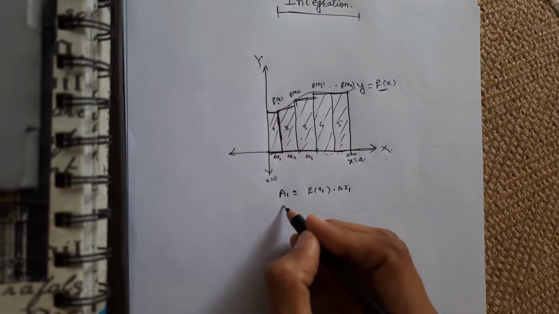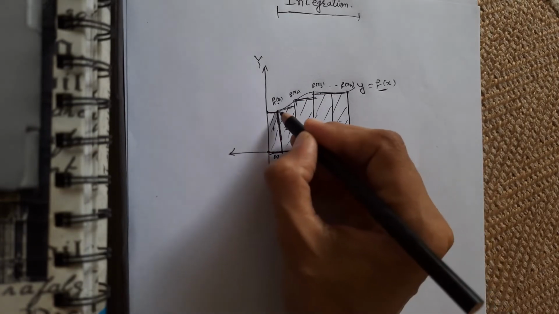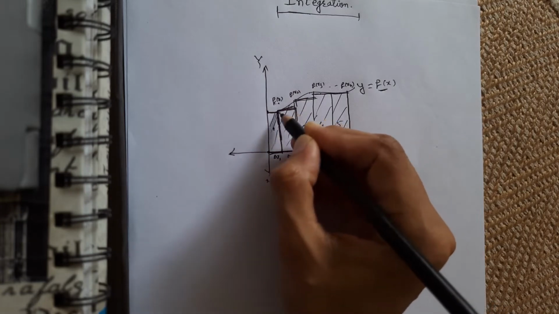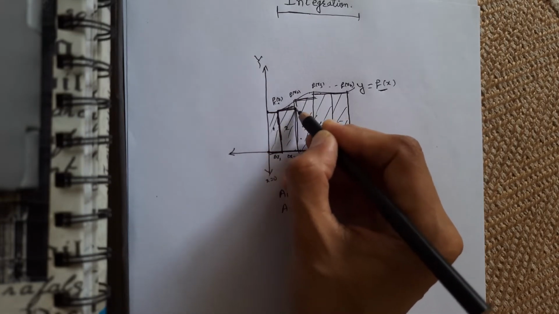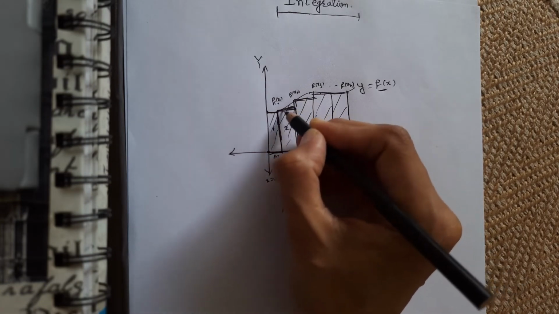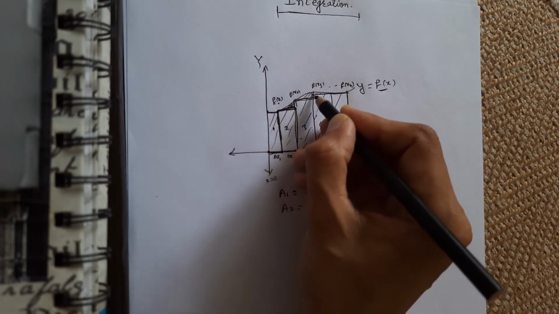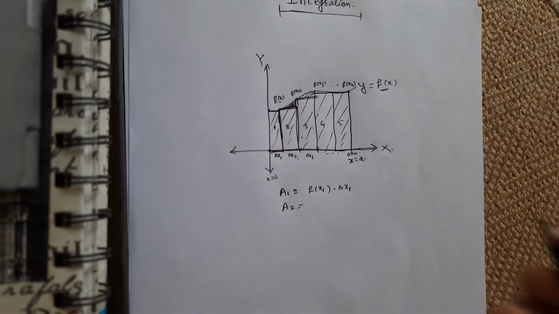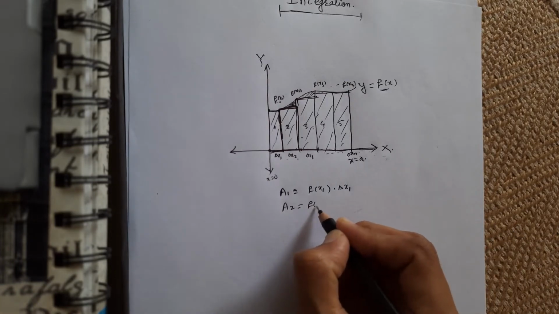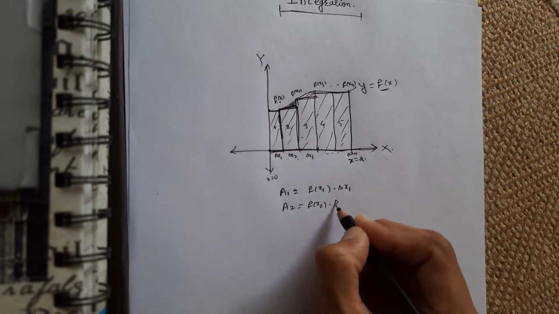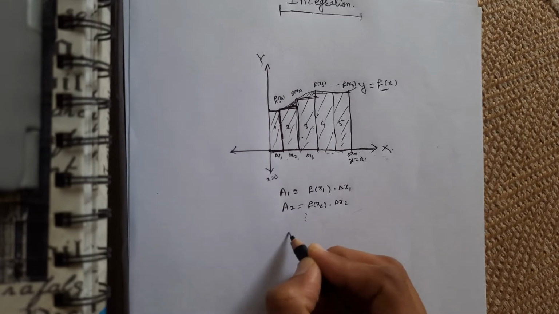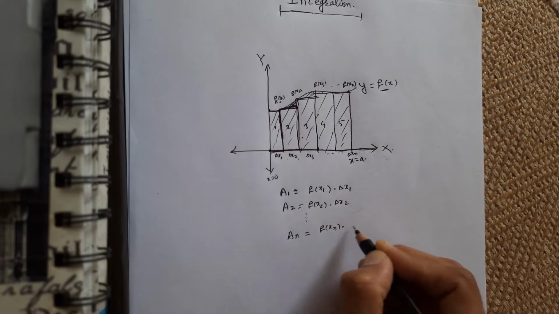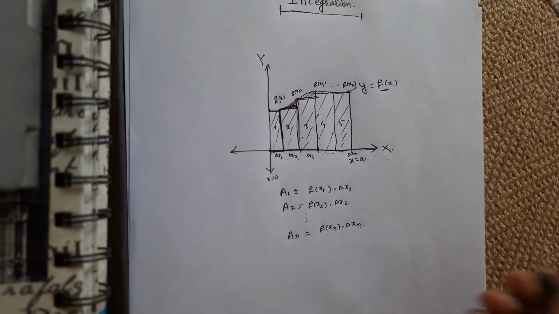Similarly, a2 will be delta x2 multiplied by f of x2. This is my f of x2. Just forget this part right now, I will explain how we reduce it. So a2 will be f of x2 into delta x2 and so on, up to an, which will be f of xn multiplied by delta xn.